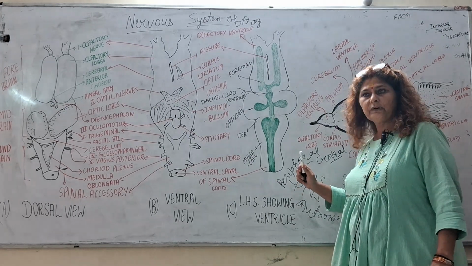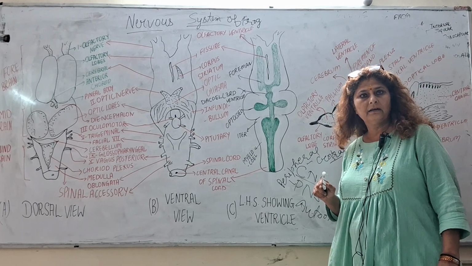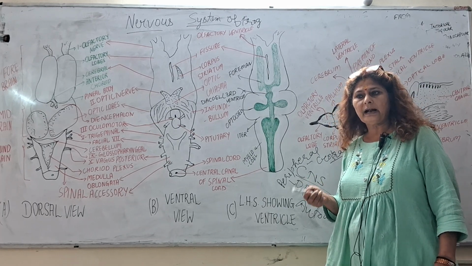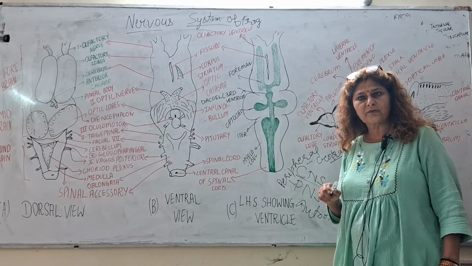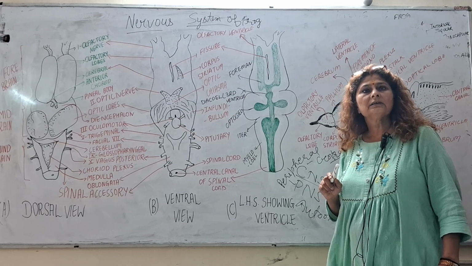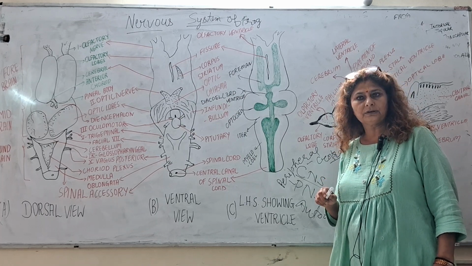The nerves which arise from the brain are called the cranial nerves, and the nerves which arise from the spinal cord are called the spinal nerves.